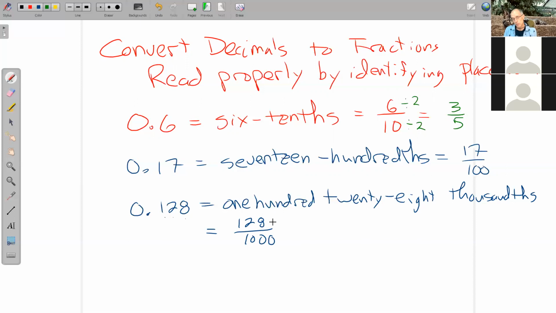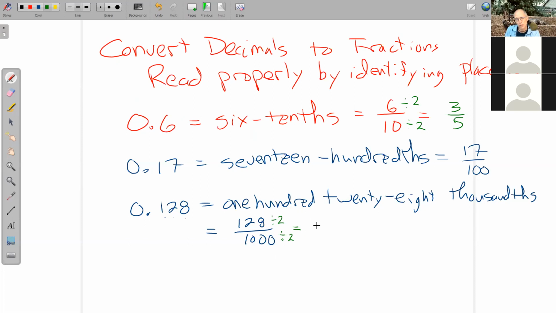And we could reduce it by either finding the greatest common divisor of each of these or noticing convenient divisors, like 2 goes in the top and bottom. And so I usually go for convenient divisors rather than finding the greatest common factor immediately, but both methods work.